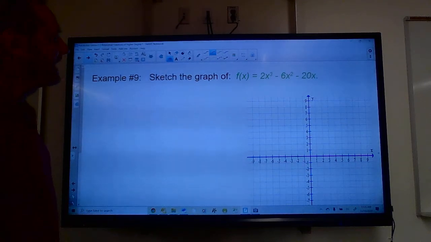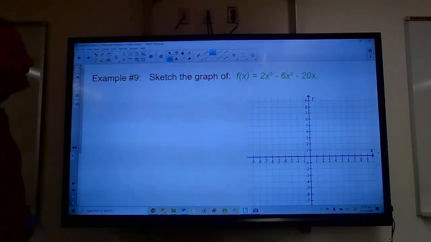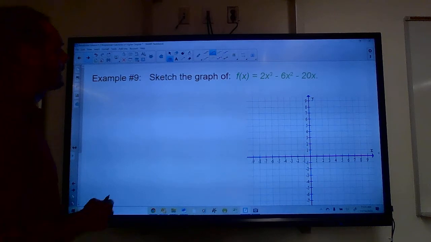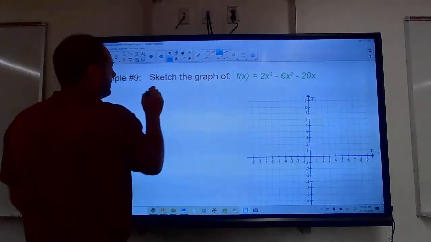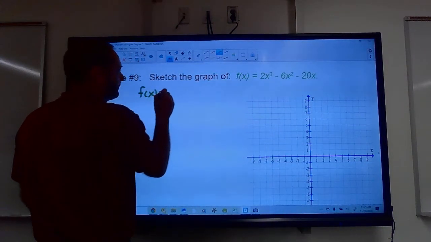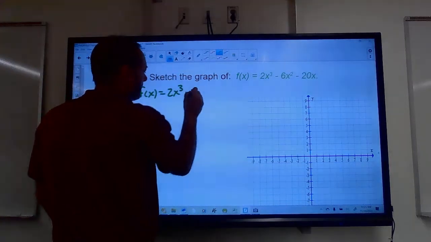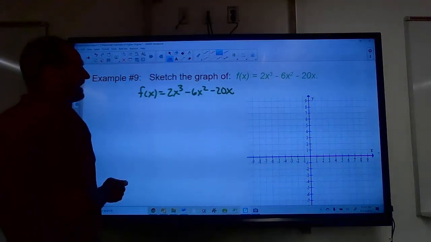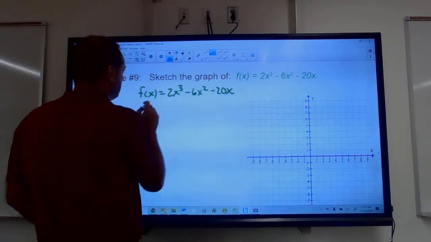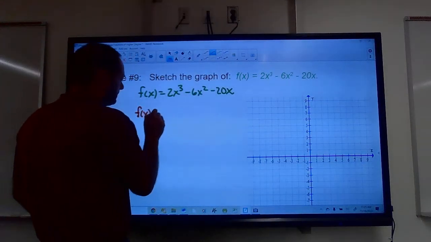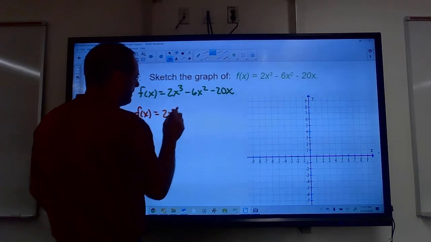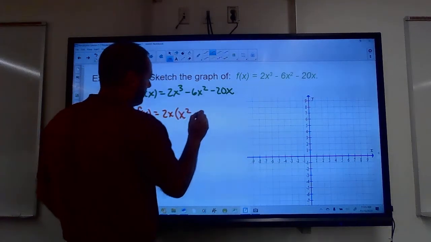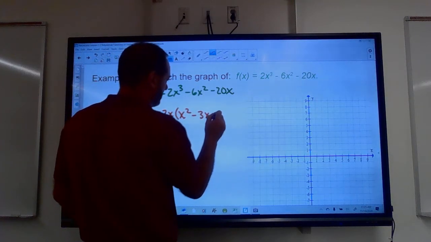Okay, so let's sketch the graph of 2x cubed minus 6x squared minus 20x. So I'm going to take the equation and I can factor out a 2x on this thing. That would leave me with x squared minus 3x minus 10.